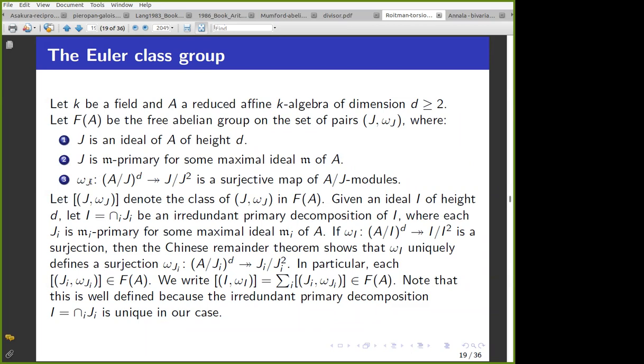And the third condition is that you have some fixed orientation, namely a surjection omega J from (A/J)^d onto J/J^2 as an A/J module.